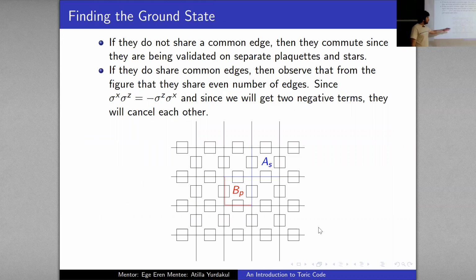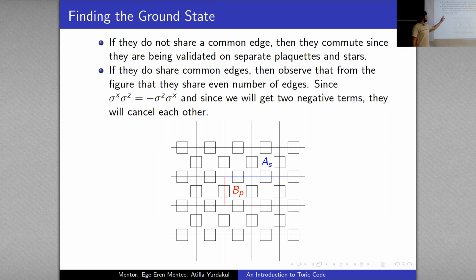The elements of the Hamiltonian are the plaquette and star operators. So we are going to show that star operators and plaquette operators commute. If a star and a plaquette do not share a common edge, then they obviously commute, since they are acting on separate areas. But if they share common edges, then the number of edges shared is even.